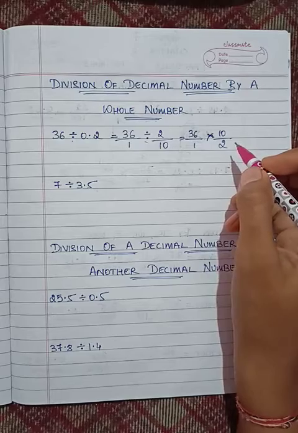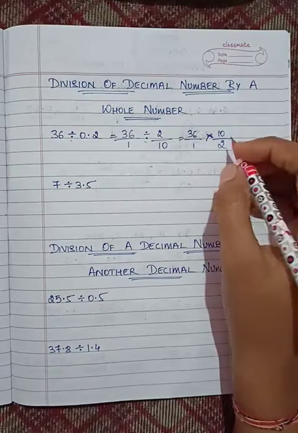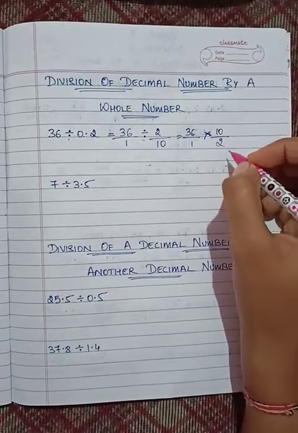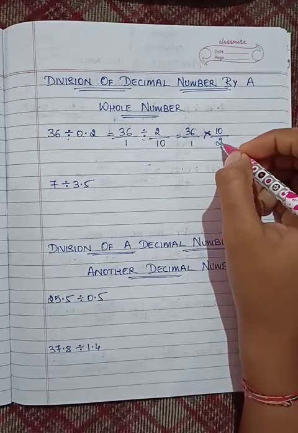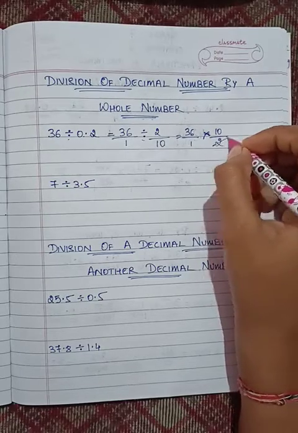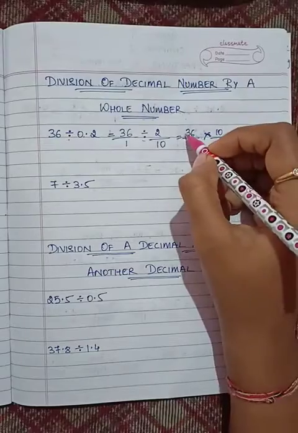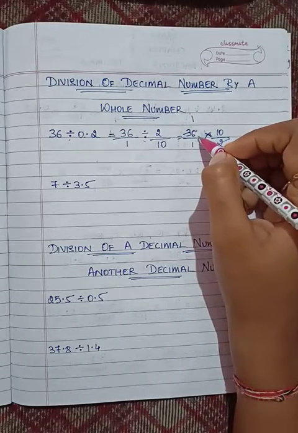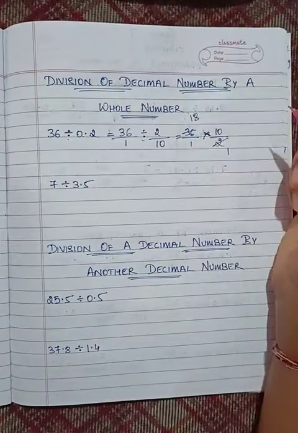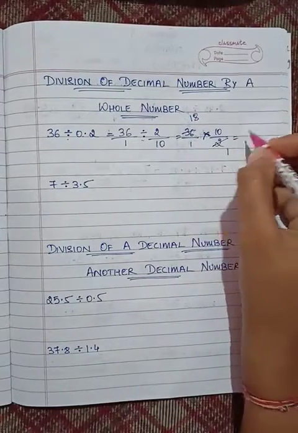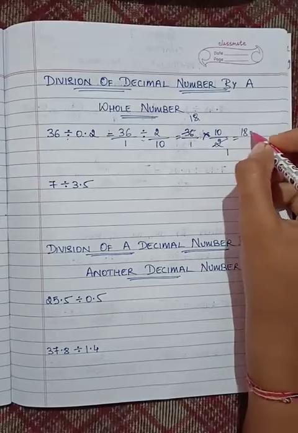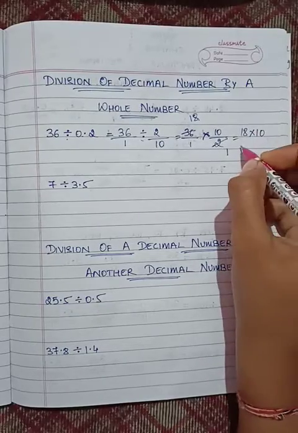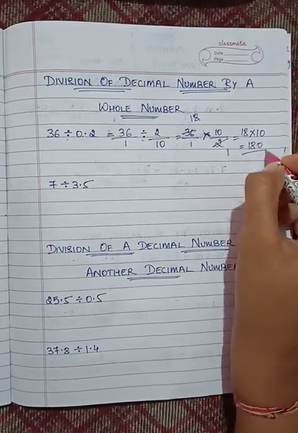Let us check out whether there are chances for cross multiplication. So yes, 2 ones are 2, and 16 remains. 2 8s are 16. So 18 multiplied by 10, I get 180, which is my answer.